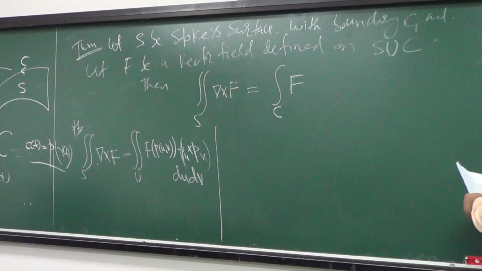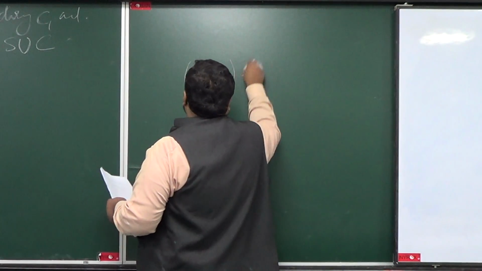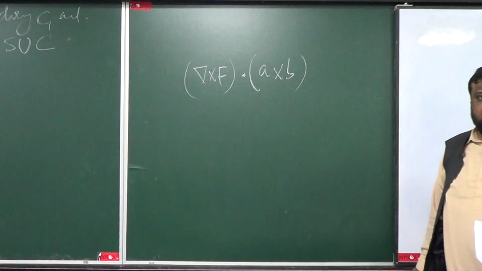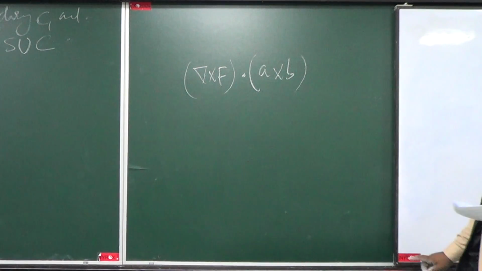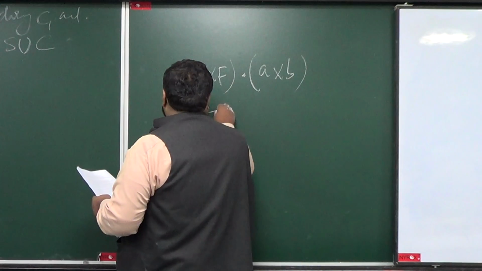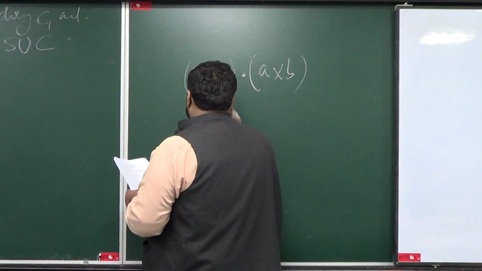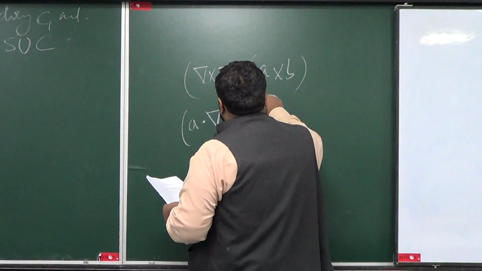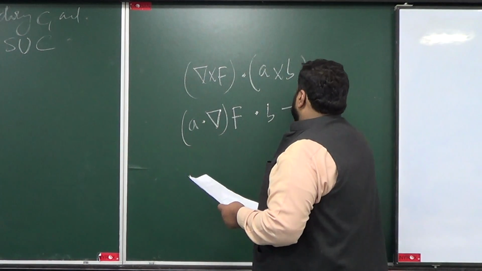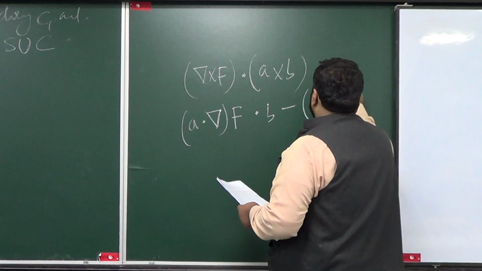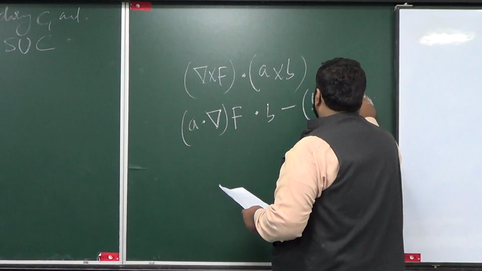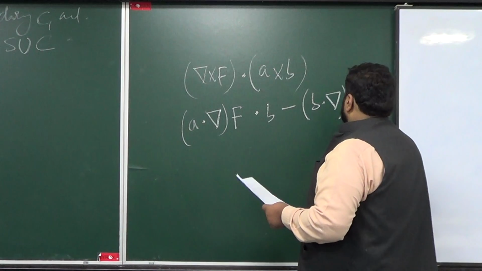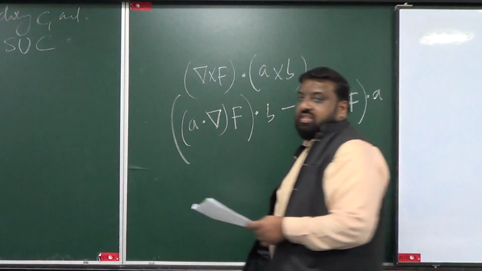If I have del cross f and its dot product with some vector a cross b, then this is the same as (a dot del) operated onto f and its dot product with b, minus (b dot del) operated onto f and its dot product with a. That's what it is going to be.